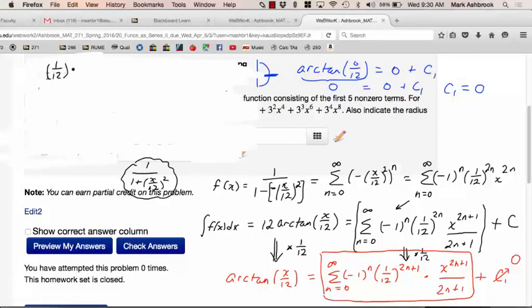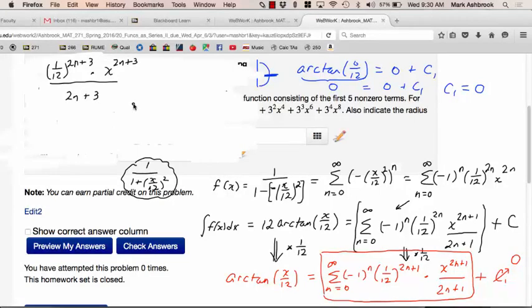So we got 1/12 to the 2n plus 3 times x to the 2n plus 3. When we do n plus 1 and multiply that out, you're going to get 2n plus 3. So this is a of n plus 1, right?